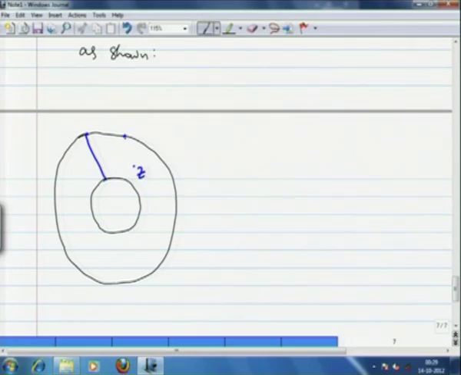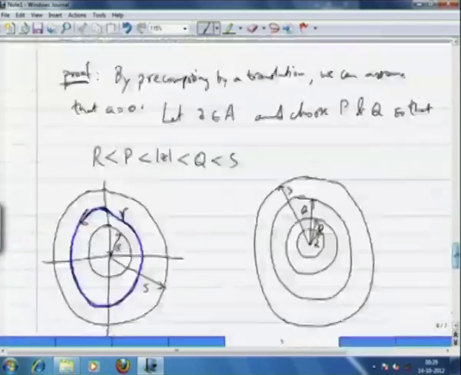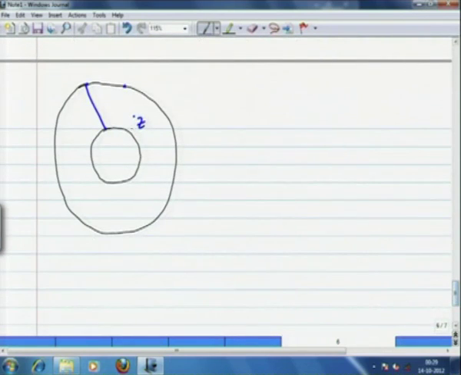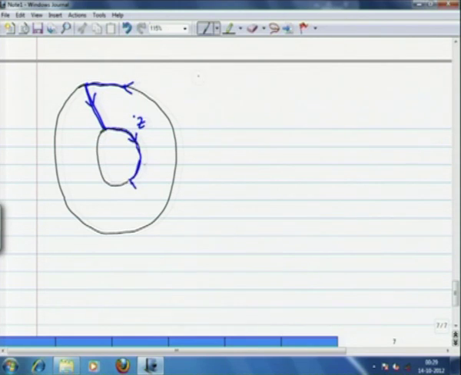Notice your Z, the modulus of Z lies between P and Q. So, Z is inside here, and so gamma 1 goes in this direction, and travels in this direction, and then goes around in that direction, halfway, and it goes this way, and then it follows the half of the circle of radius Q.